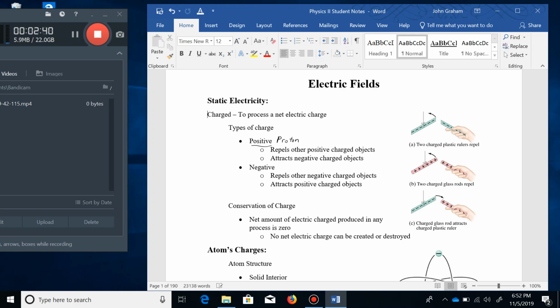A proton is not the only charge that we'll see is positive, and when we get into one of the later chapters, I think it's the second to last chapter, we'll see a lot of different charges that are positive, but the proton is the main positive charge. We also have, for instance, a positron, which is also positive. And then the negative charge, and the best way to think about this is electrons.